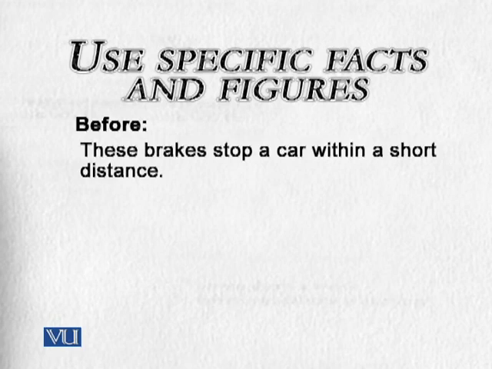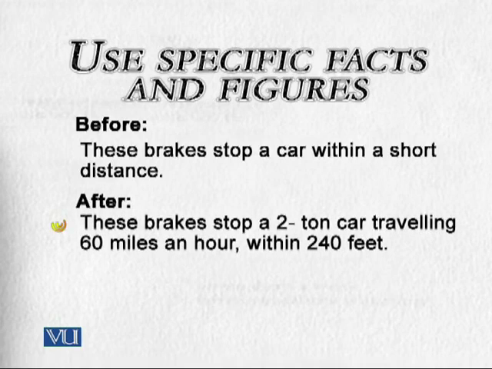We can write the very distance within which the car can be stopped. And a better version is in front of you. These brakes stop a 2-ton car. Look how we made the word car more specific by adding facts to it.